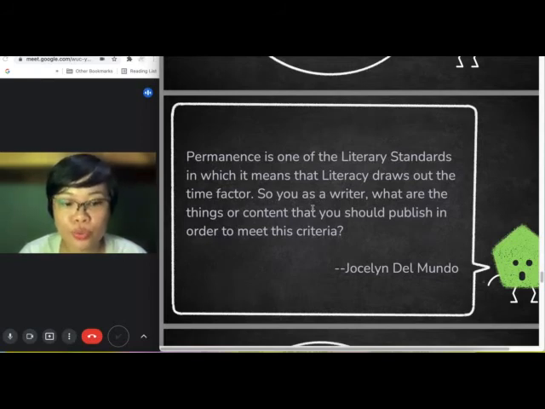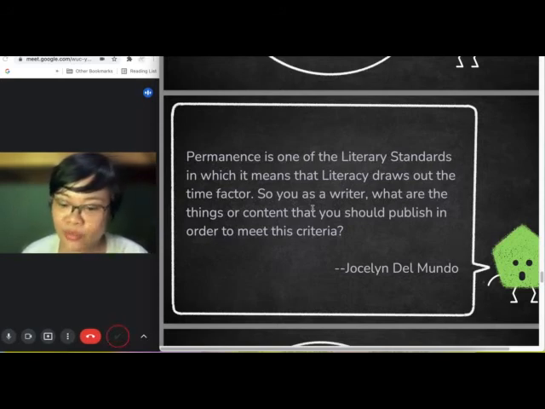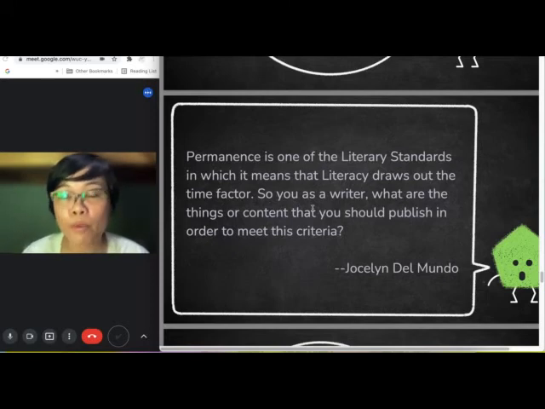What you can do is write the best story the best way that you can, and write the story that you can tell best, right? Don't write a story that you don't know anything about. Write it the best way that you can, in the best style that you can develop. And who knows, it might gain permanence.